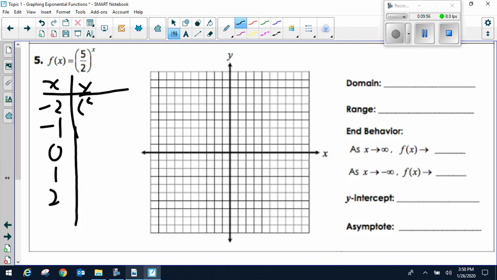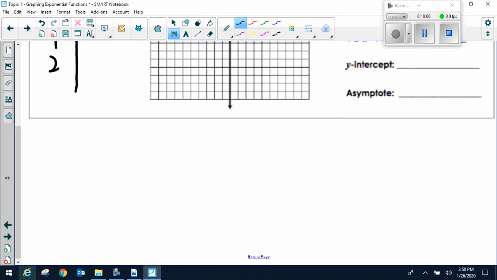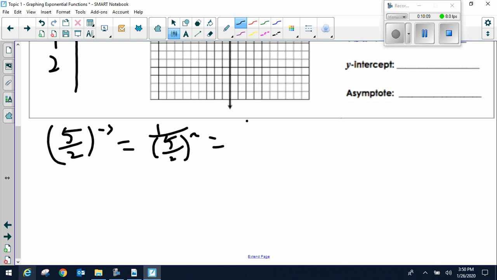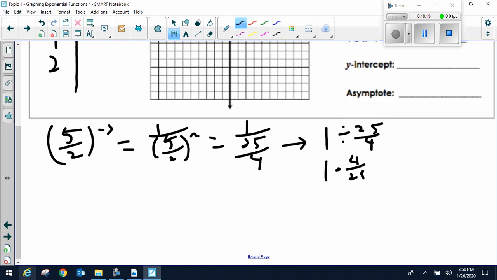So 5 over 2 to the -2. 5 over 2 to the negative 2 is the same as 1 over 5 over 2 squared, which is 1 over 25 over 4 because you square the top and bottom. So 1 divided by 25 over 4 is the same as 1 times 4 over 25.